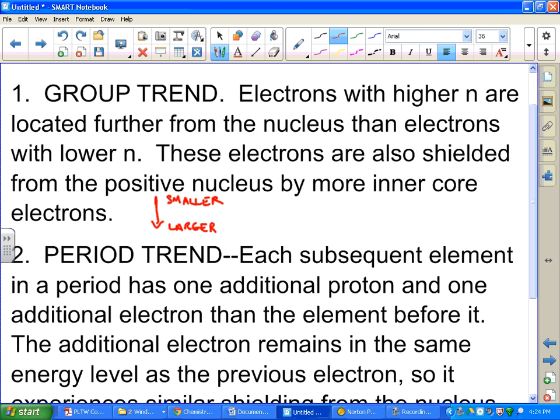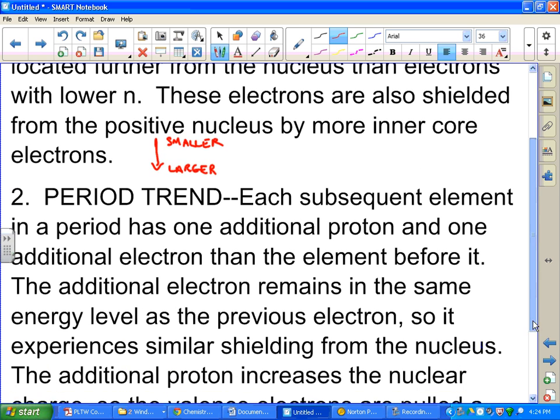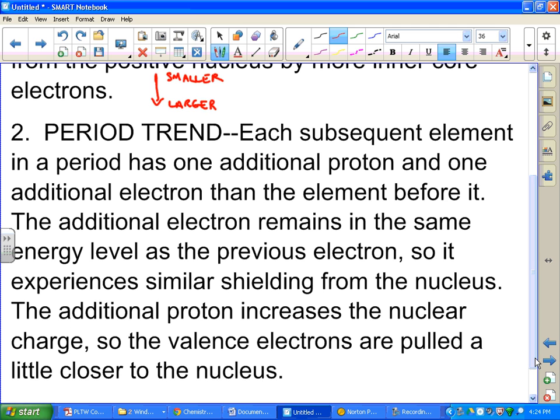Okay, and the period trend. In a period, each subsequent element has an additional proton and an additional electron. So you gain a proton and an electron for each next element. The additional electron remains in the same energy level, the same principal quantum number. So it experiences similar shielding from the nucleus as the electron before.